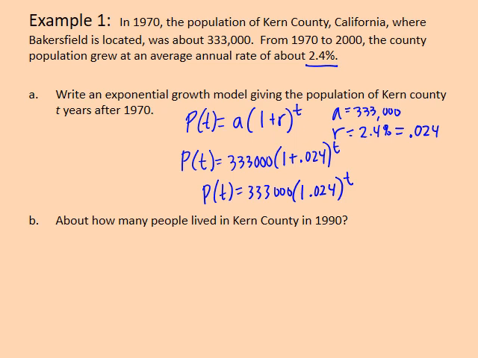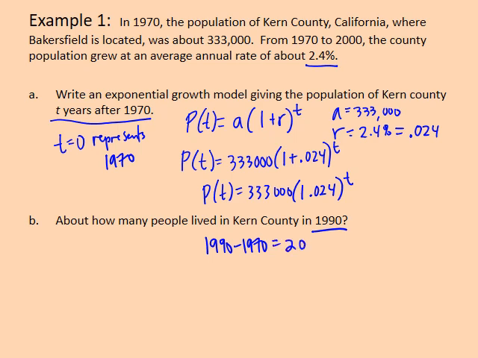The next question asks, how many people lived in Kern County in 1990? Well, if you recall, our original equation uses years after 1970, which means t equals 0 represents 1970. So to figure out what to plug into the equation, we need to do 1990 minus 1970, which is 20.